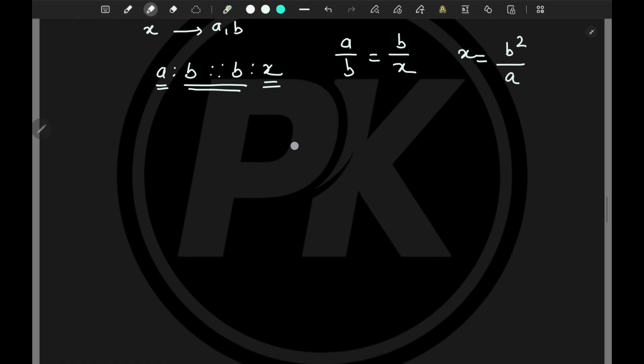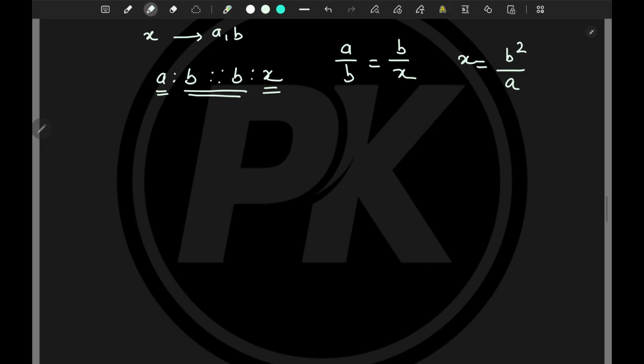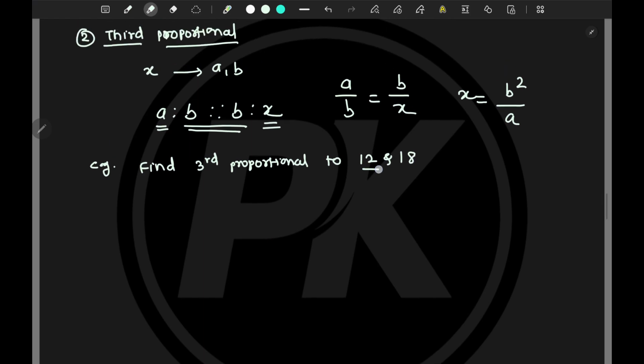In MPSC, the example was: find the third proportional to 12 and 18. Now what is it asking? Third proportional to 12 and 18.